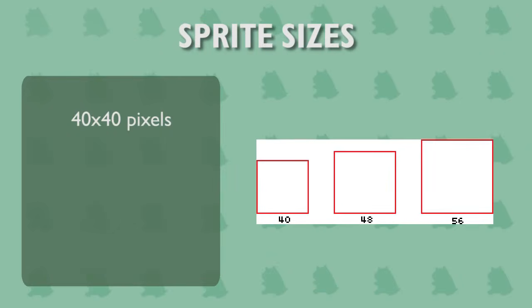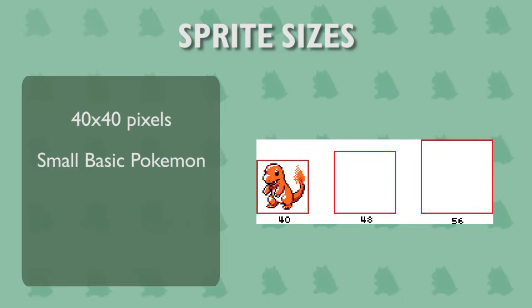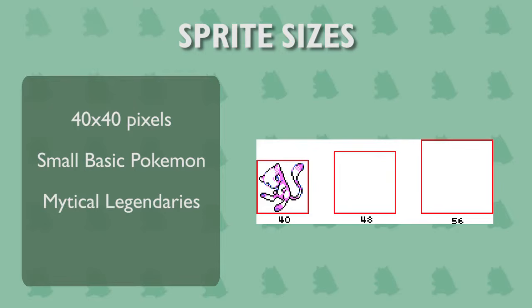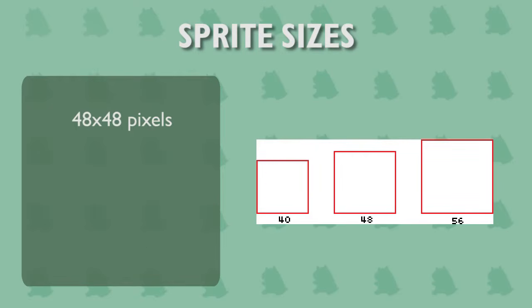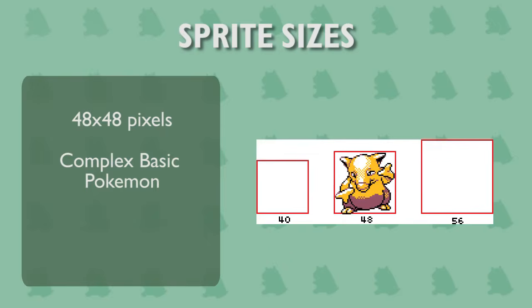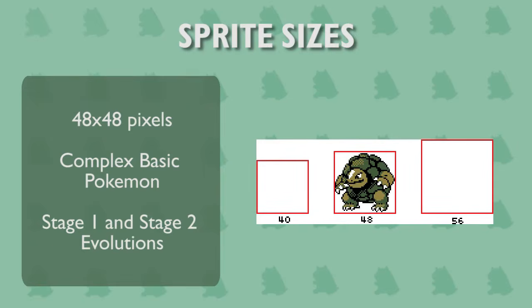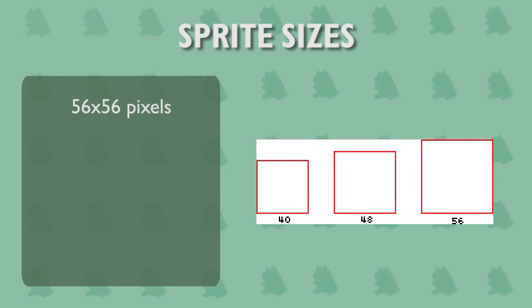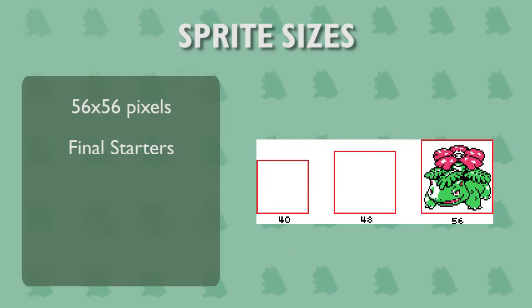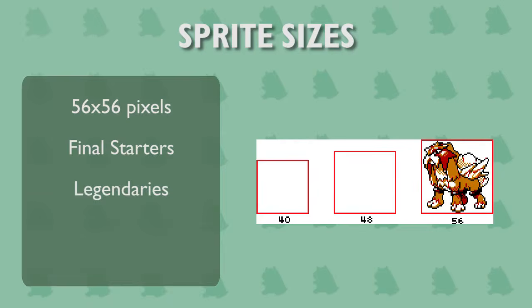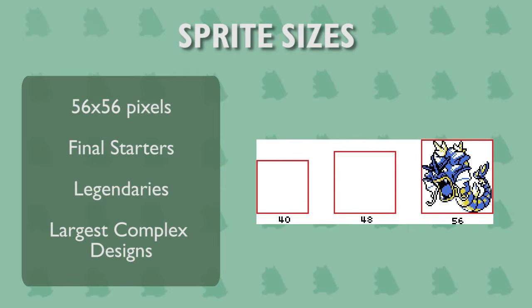All Gen 2 sprites are confined to a square, size 40 by 40 pixels for smaller basic Pokemon, cute mythical legendaries, and babies, 48 by 48 for more complex basic stages, and a good amount of stage 1 and stage 2 evolutions, and 56 by 56 reserved for final starters, legendaries, and the largest, most complex designs.